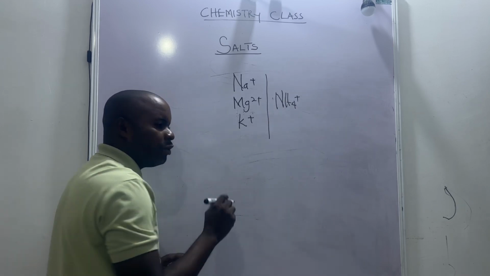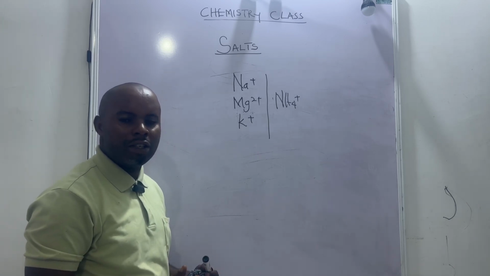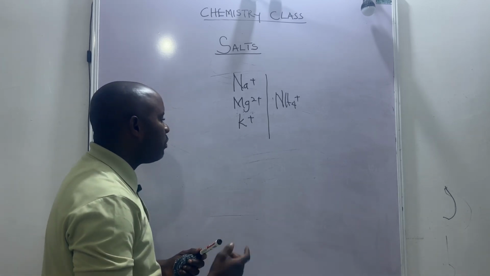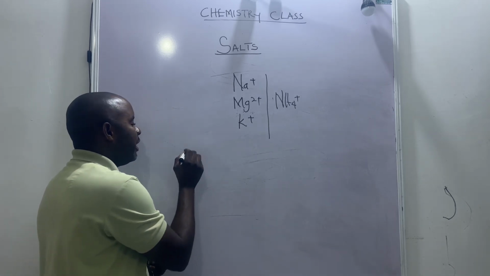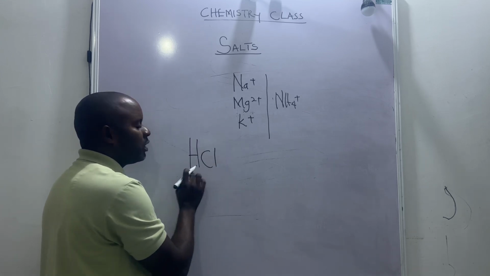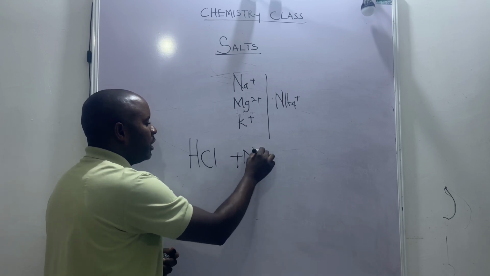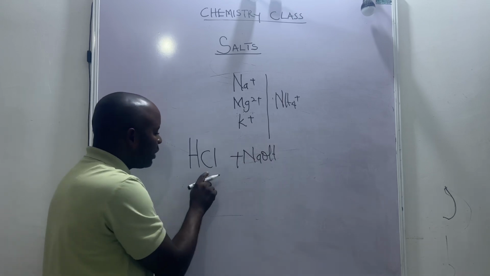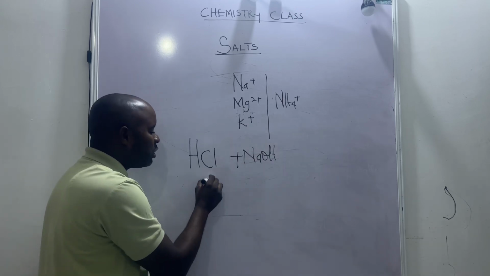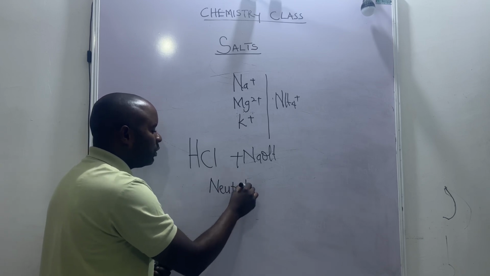So the hydrogen ion in an acid will be replaced by the presence of a metal to give what is known as salt. So we have a reaction that involves an acid, let's use a monobasic acid, reacting with a base. We said a reaction that involves an acid and a base is known as a neutralization reaction.